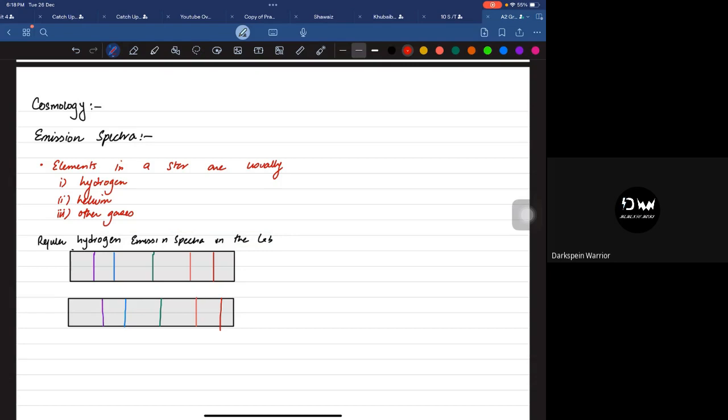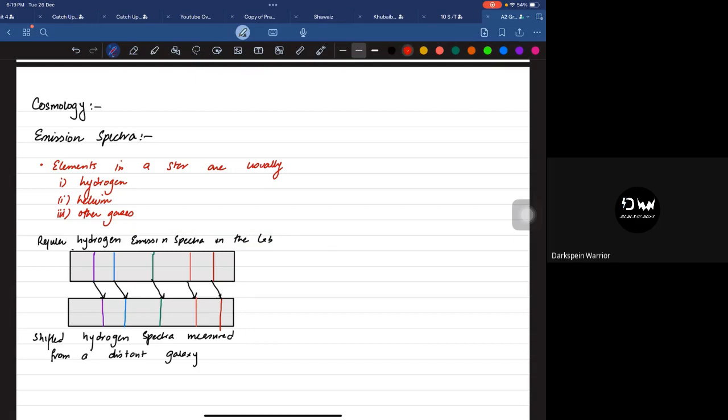Now, this shift that you see is observed through the stars' spectra. What we notice is that it is sort of shifted hydrogen spectra measured from a distant galaxy.